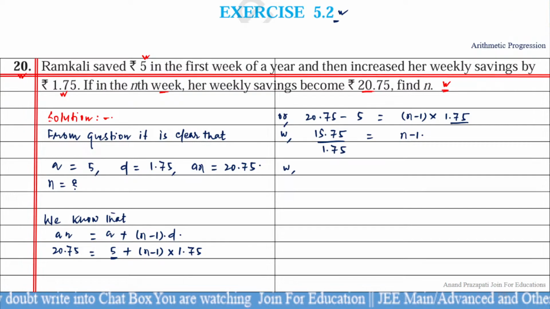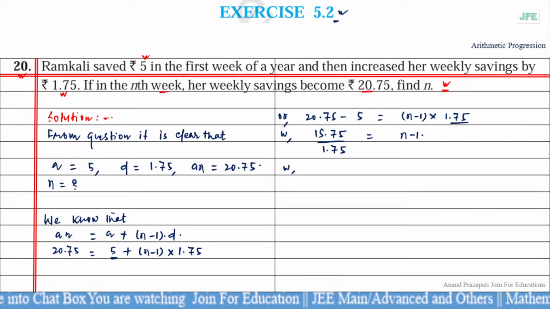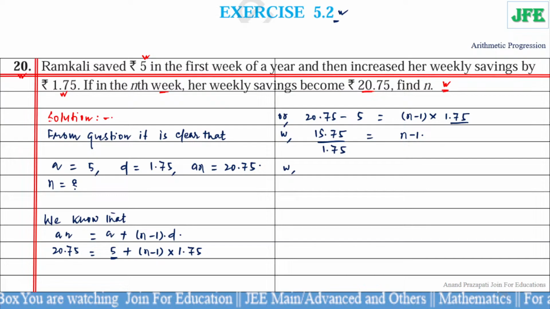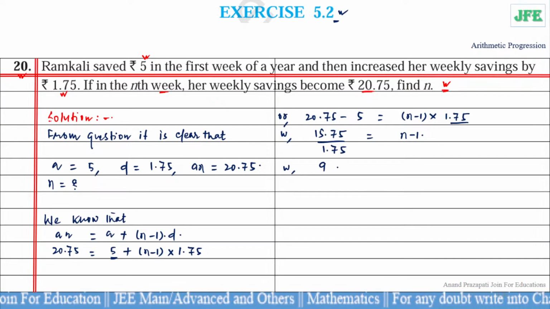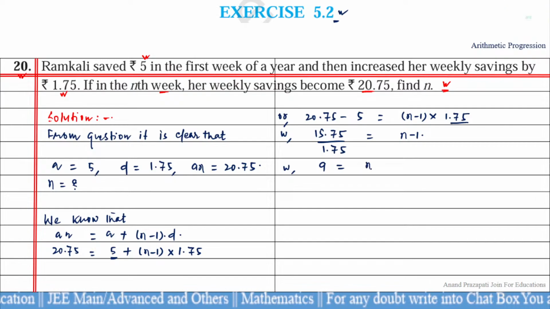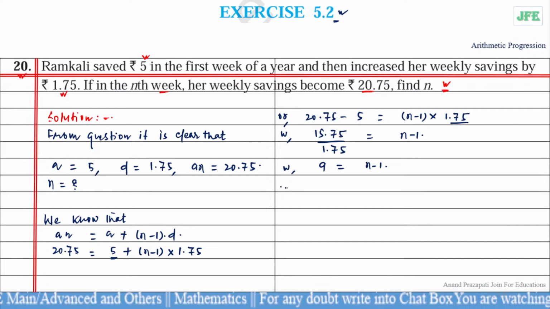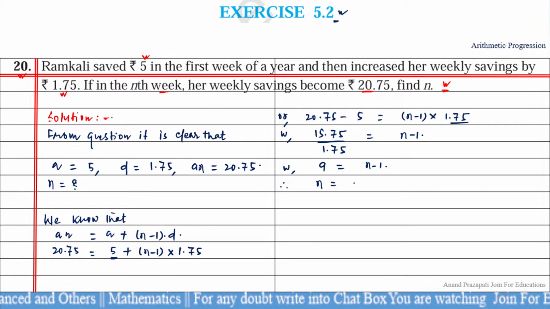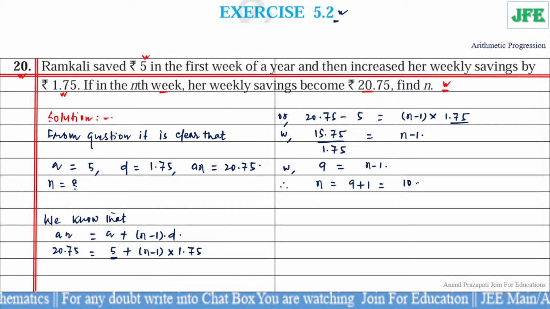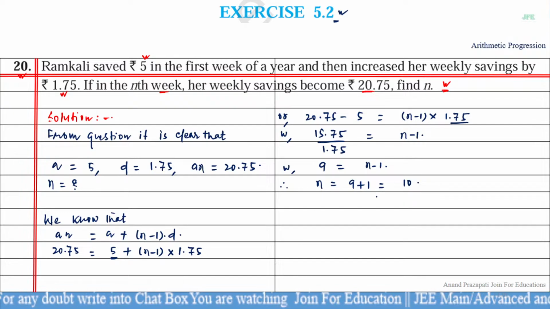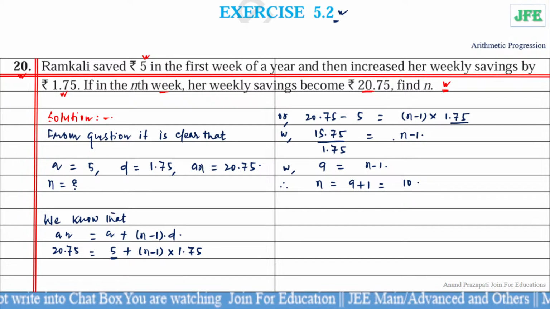So hope that all of you have completed this simple division. When this is divided by this, then we get 9. So in the right hand side, n minus 1. Therefore n equal to 9 plus 1 equal to 10. So the unit of n here will be week.